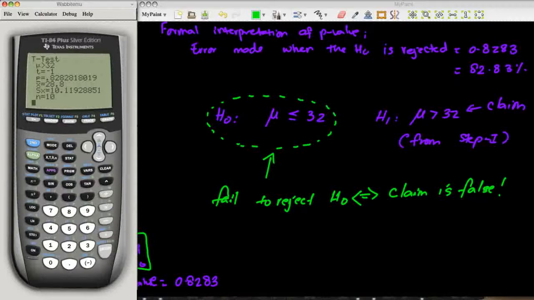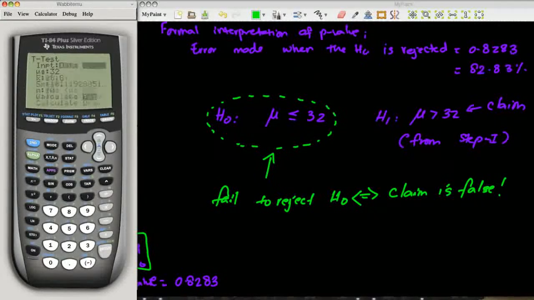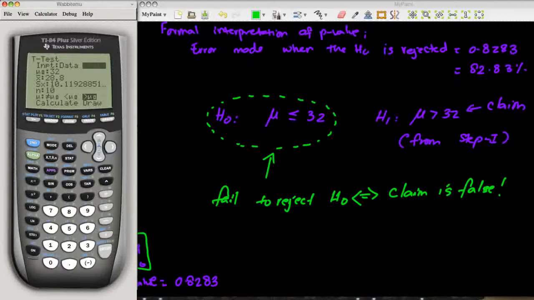If you don't have the data, but you have only statistics from the data, you could go to t-test again, but you would select Stats, press enter there, you would enter the claimed value, you would enter the mean.